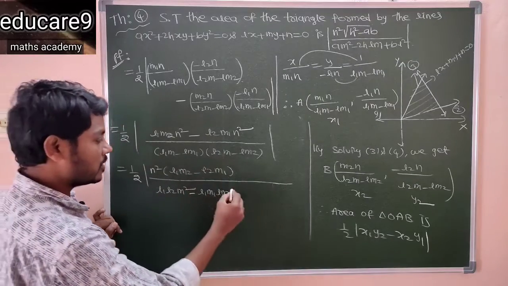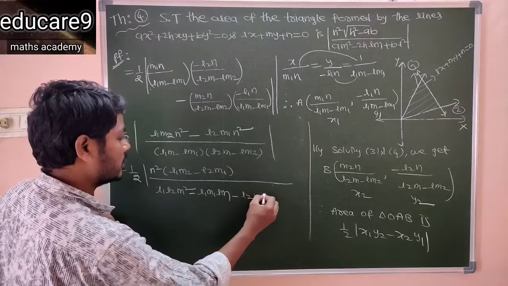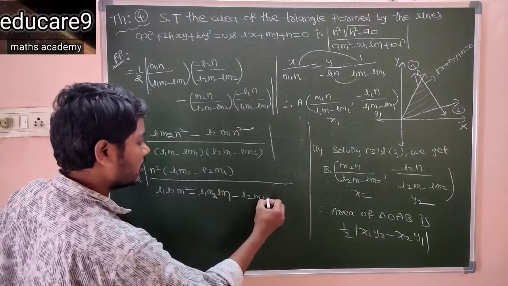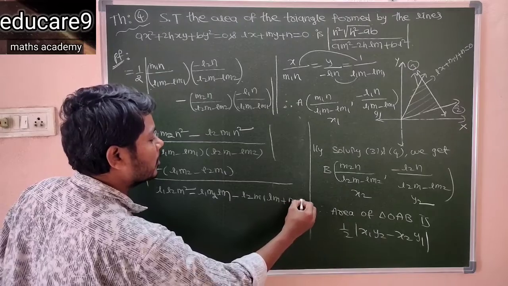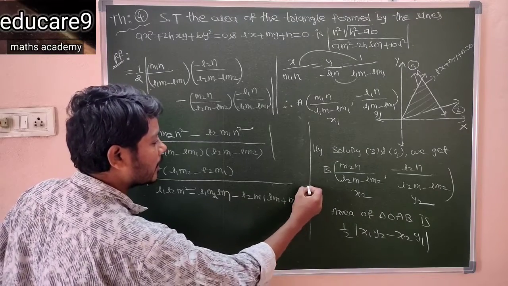Next, second into first, minus L2 M1 LM, plus M1 M2 L square.